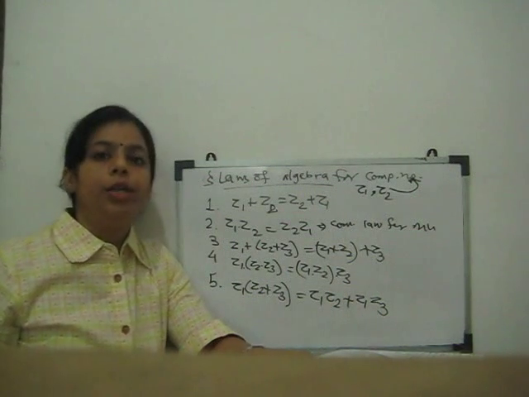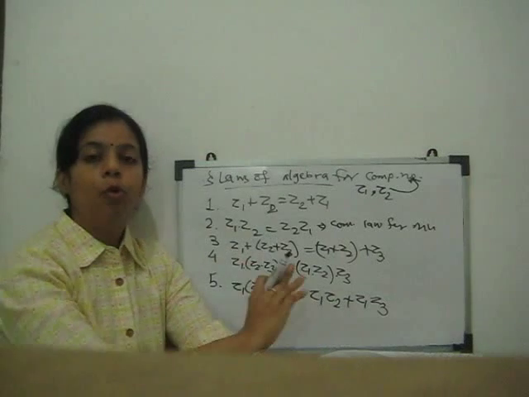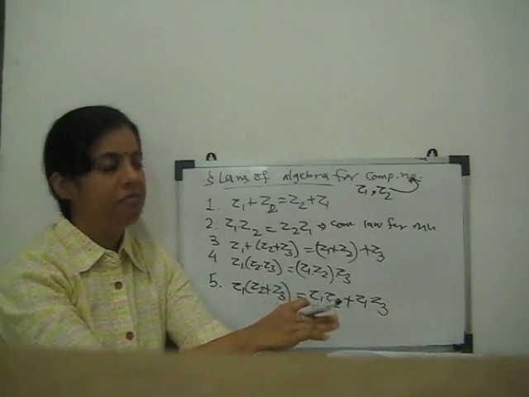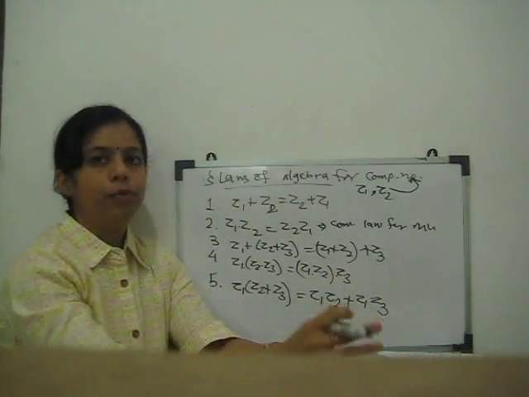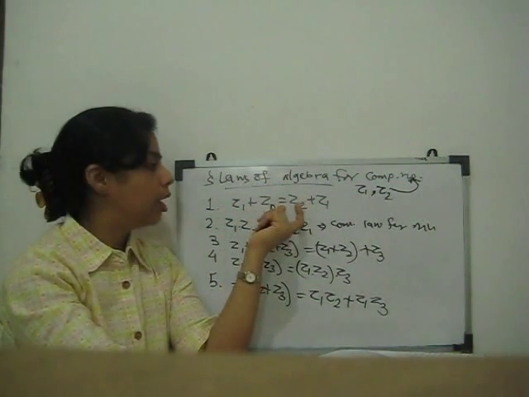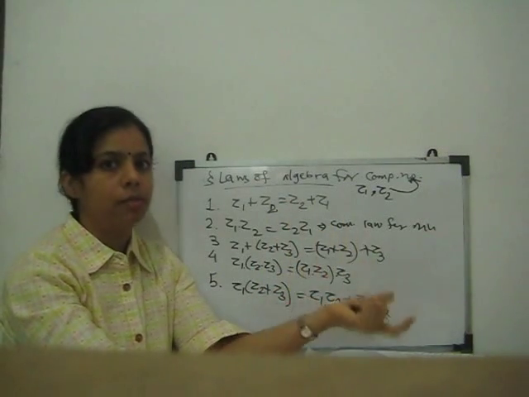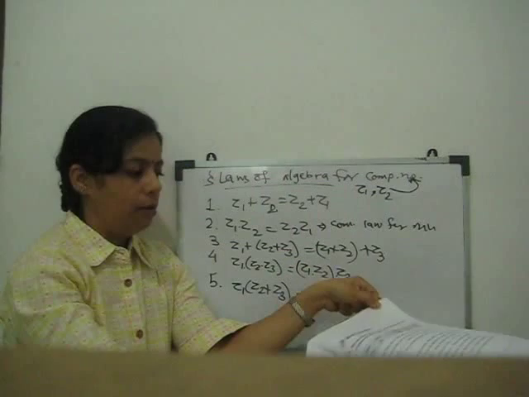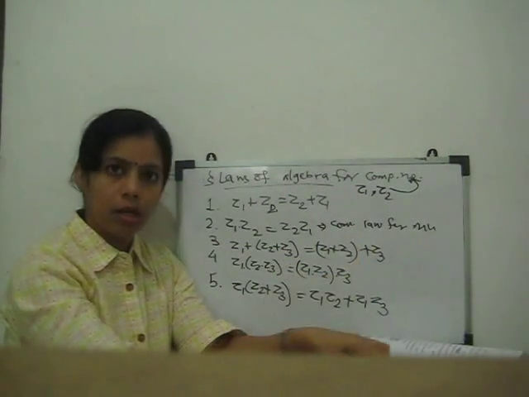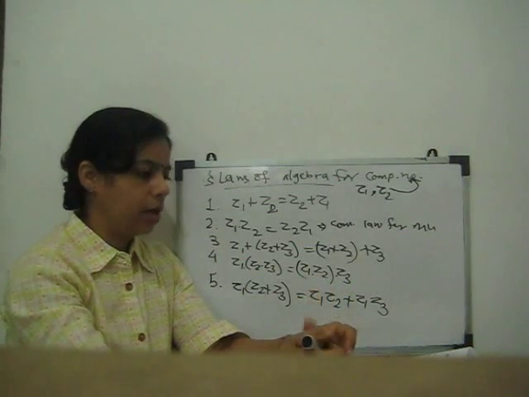So this is the distributive law of complex numbers. You can prove all the laws by considering the general form, z1 equals (a, b), z2 equals (c, d), and following the rule of addition and multiplication. You can easily prove all the laws with the help of complex algebra.